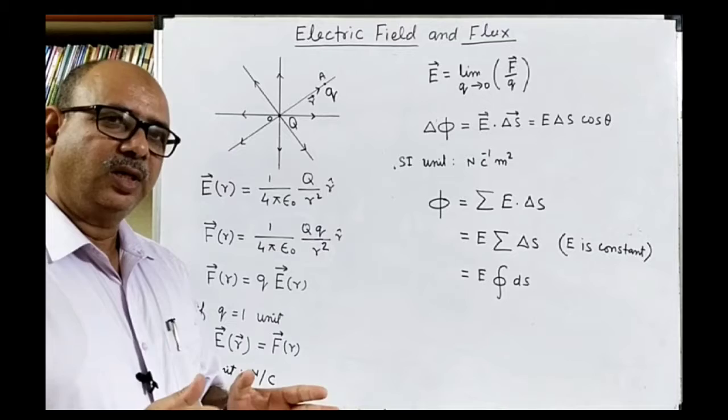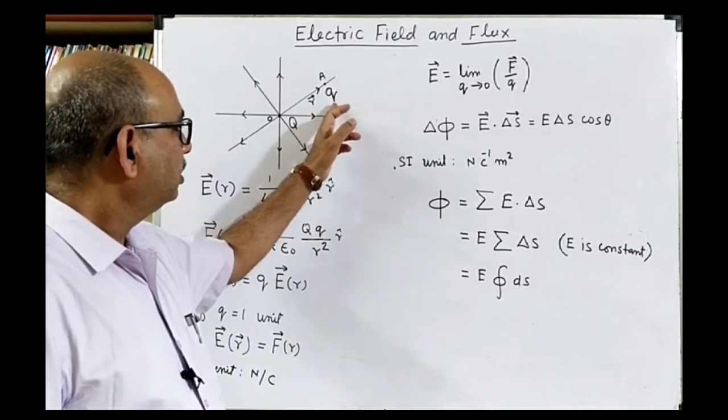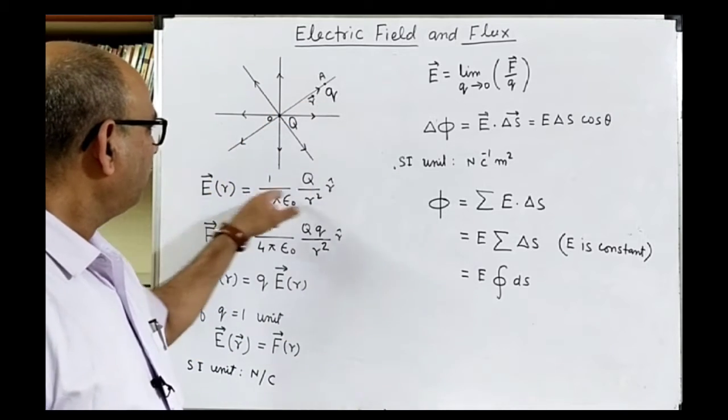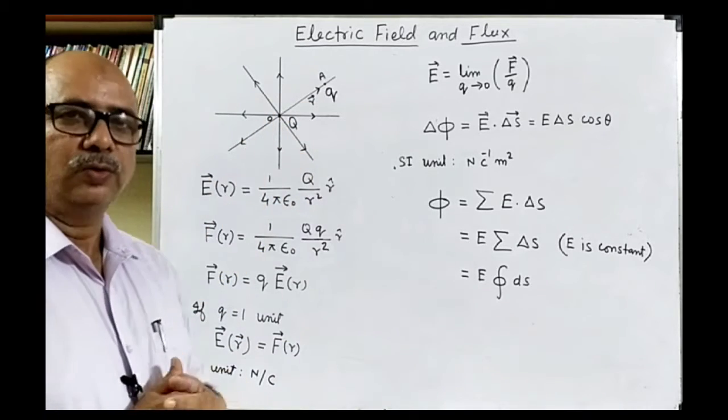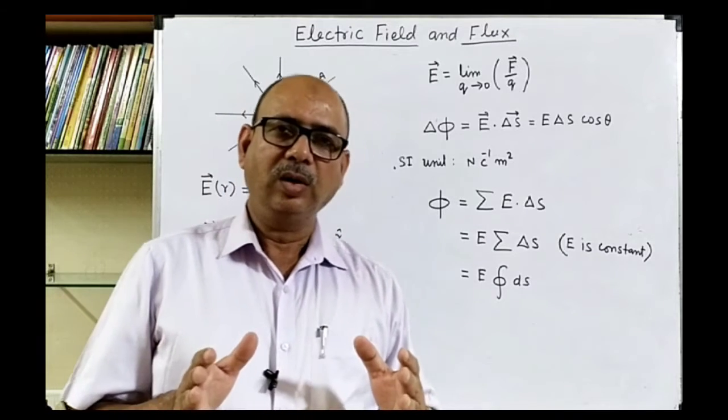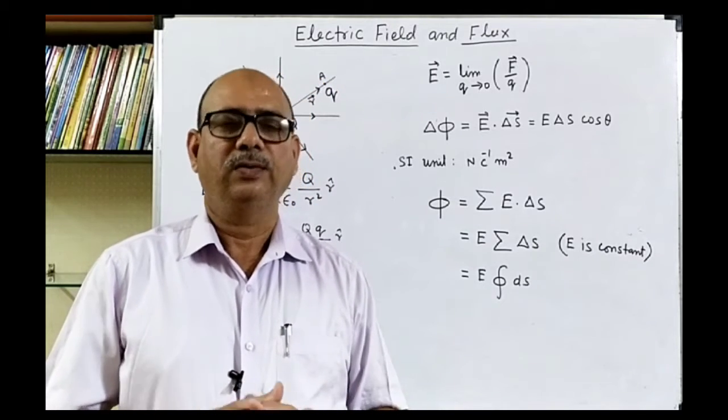Now the question arises, if we remove this charge q, then is there anything in the surrounding of this charge capital Q? To answer this question, a term called electric field is defined.